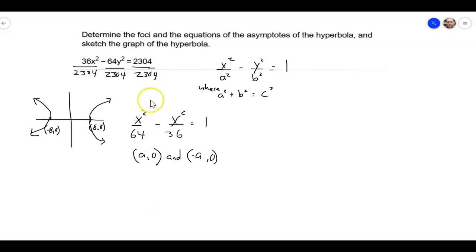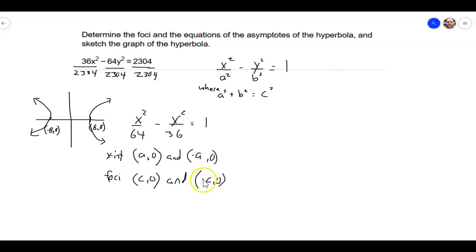But before we do that, it also asks us to find the foci. And the foci are going to be at (c, 0) and at (negative c, 0).